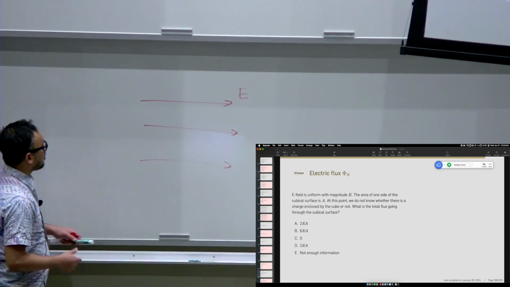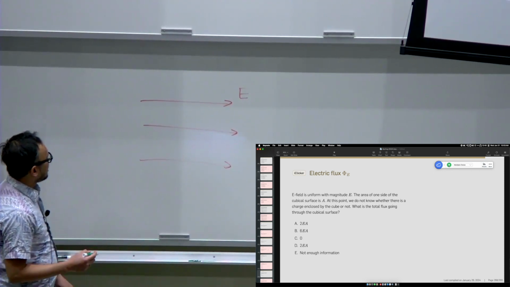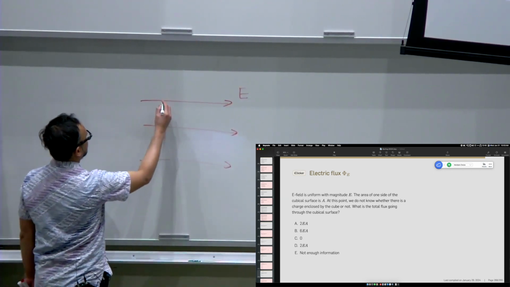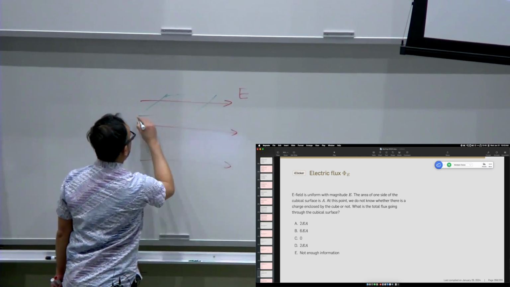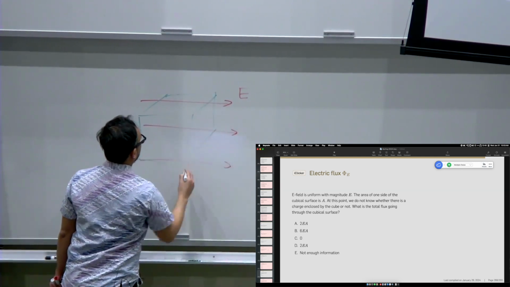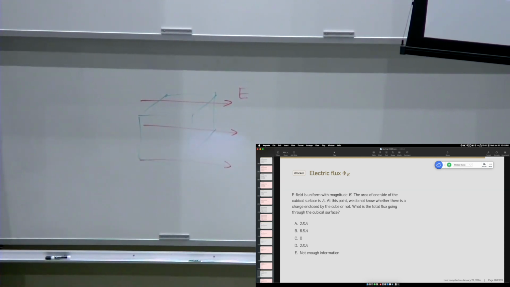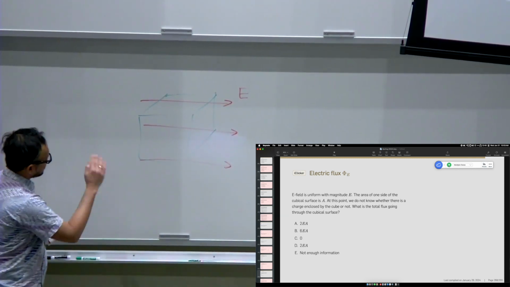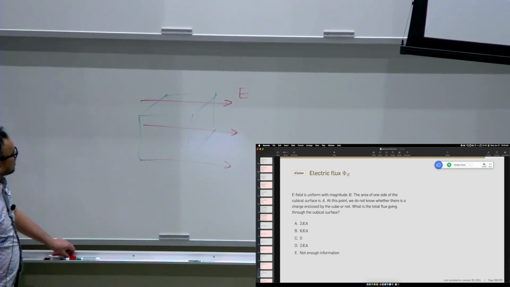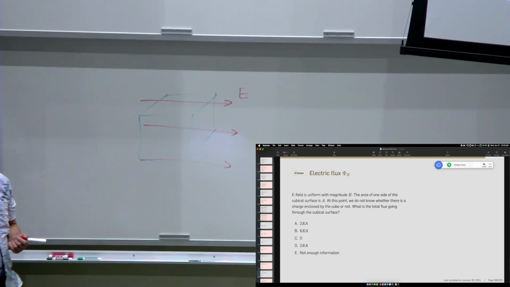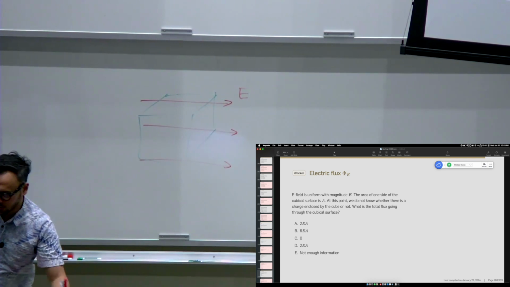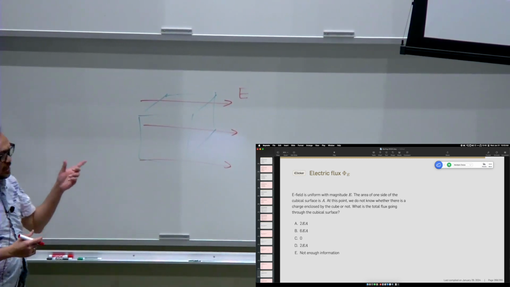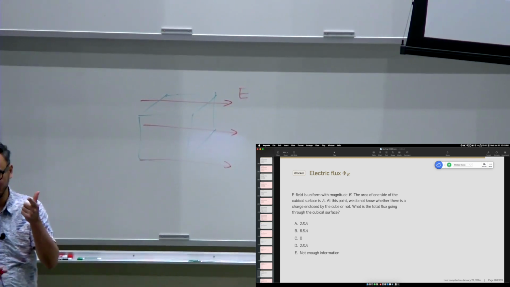So let's draw the cubical surface in 3D. Or if you want to draw it in 2D, the cross section, let's just do 3D. One thing that I probably didn't emphasize during the lectures is that the flux can be positive or negative.